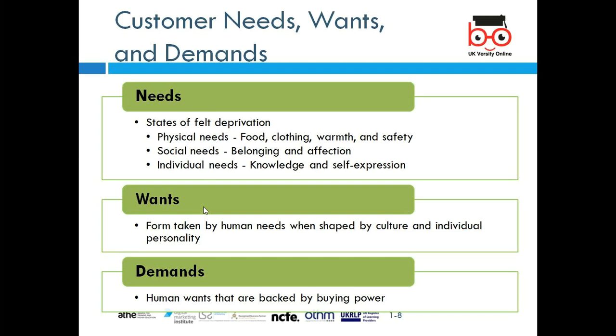Different people, according to personality, purchasing power and culture, have different wants. As a marketer, we need to understand those wants to be delivered. If you have purchasing power, we have a lot of wants, a lot of desire. We want different brands of cars. But if the wants are backed by money, we have purchasing power, it becomes a demand.